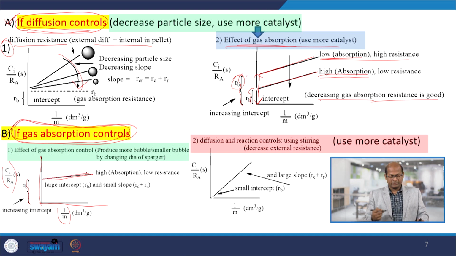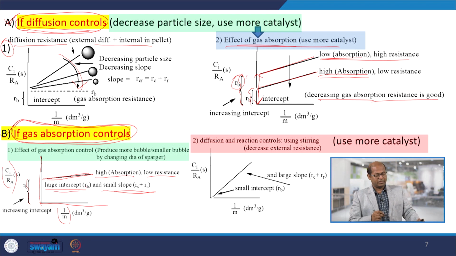Here you can see high absorption and low resistance, and here the intercept, the gas phase absorption interface, is large. The slope is small in this case. So, this part you have to reduce.